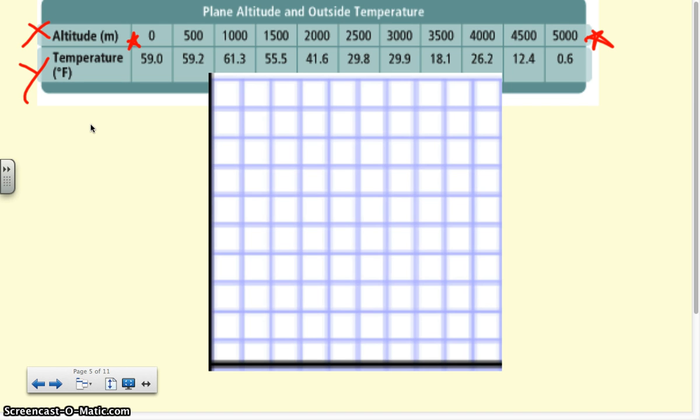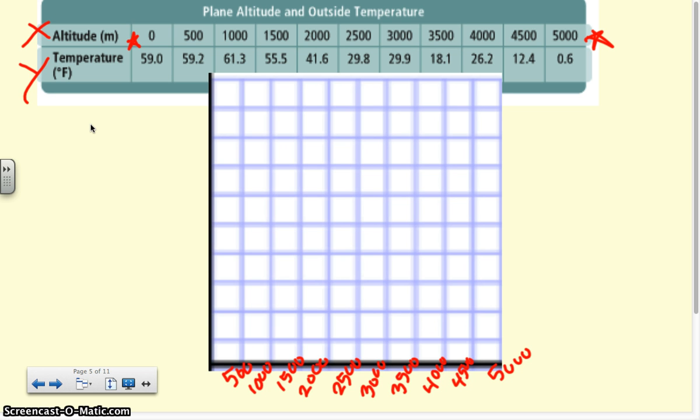So this would be 500, 1,000, 1,500, 2,000, 2,500, 3,000, 3,500, 4,000, 4,500, 5,000.